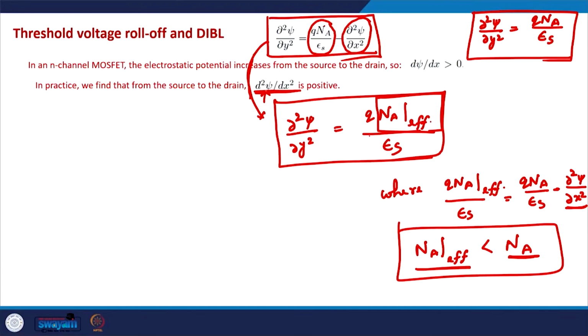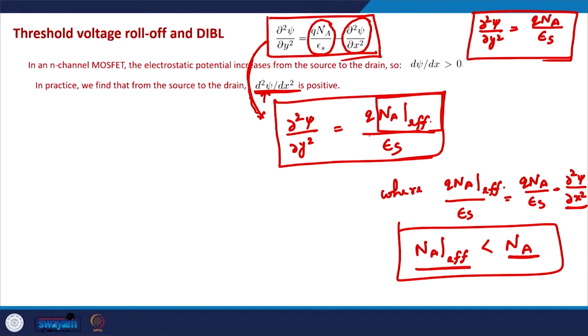Because what we have seen is that the 2D Poisson equation can be converted to a 1D Poisson equation like this. What we just need to do is replace Na by Na effective in all the expressions that we derived for the 1D Poisson equation. So please go back and look into how things change, and that is what we will discuss in the coming class.